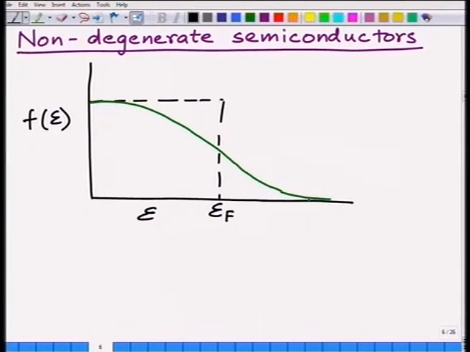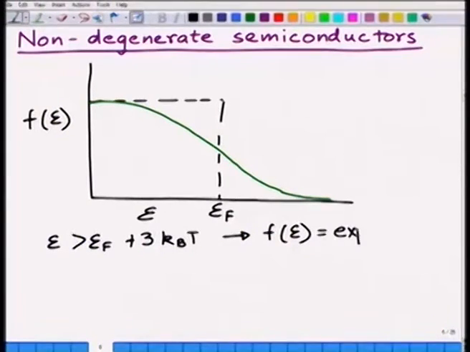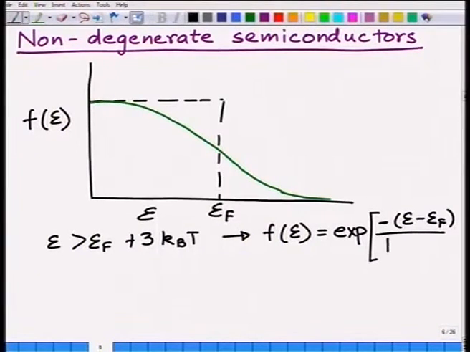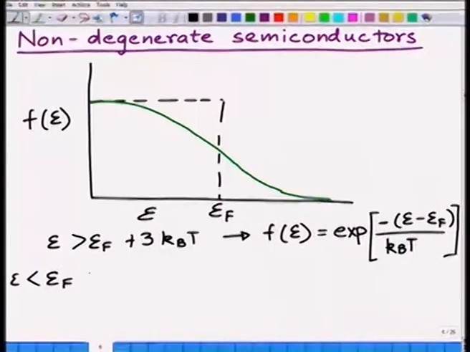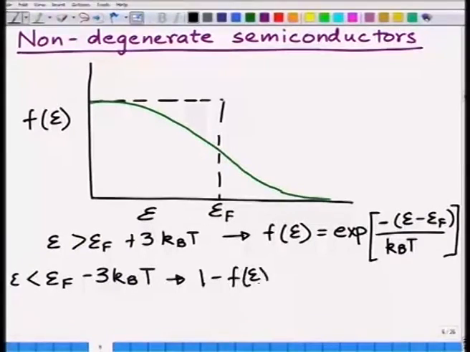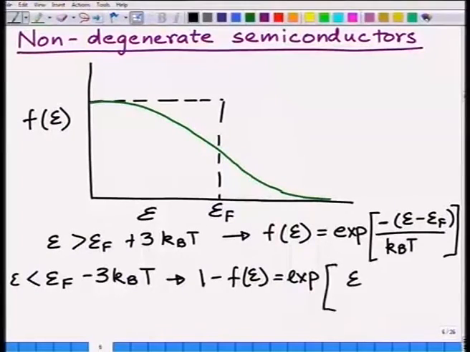I had approximated, for E greater than Ef plus 3 kBT, f of E as being equal to e to the power minus (E minus Ef) by kBT, and for E less than Ef minus 3 kBT, 1 minus f of E as being equal to e to the power (E minus Ef) by kBT.